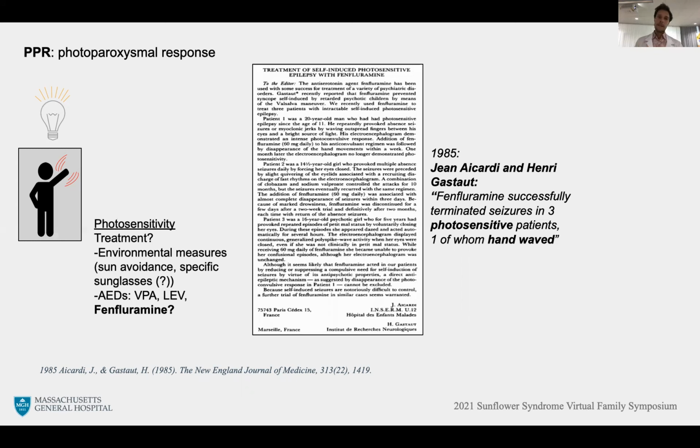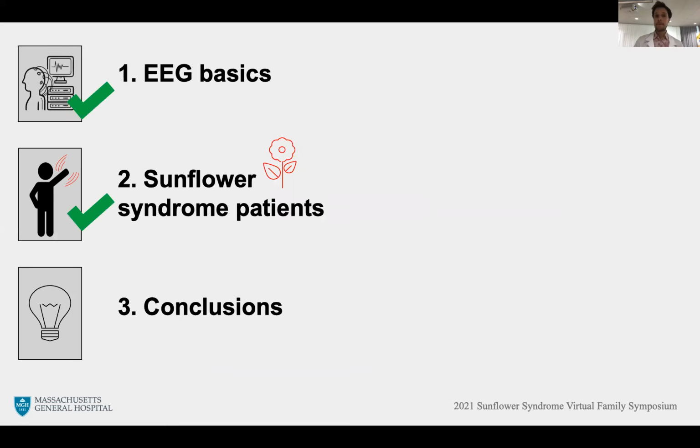So it's interesting to see. That's why nowadays fenfluramine is in a clinical trial in sunflower syndrome patients to see if it could be effective. This will be the topic of another talk, but I just wanted to highlight that there are more and more treatments possible. There's more and more research, and this is very interesting.